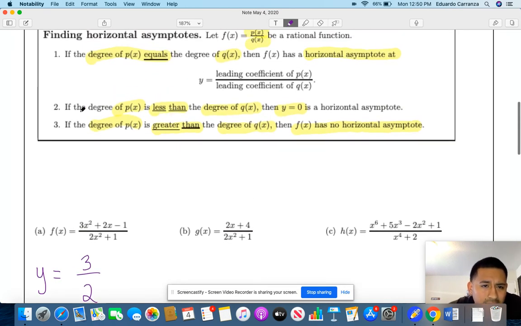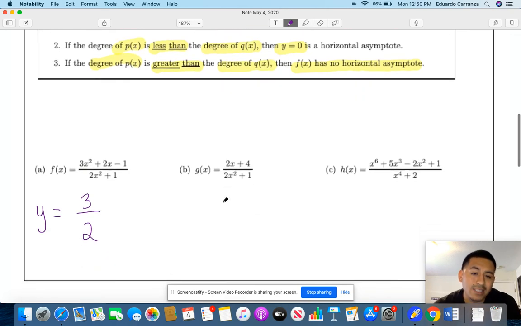It says if the degree of p of x is less than the degree of q of x, and for example B, that is the case, the degree of the polynomial on top is less than the degree of the polynomial on the bottom, then we say this rational function has a horizontal asymptote at y is equal to 0. So for this one, we can just write y is equal to 0 for the horizontal asymptote.